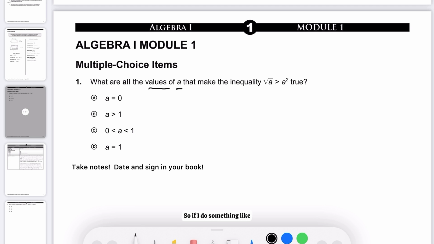So if I do something like the square root of, let's say, 0.15, and if I put that into a calculator, let me get my calculator. So if I take the square root, first of all, it's not going to be A equals 0.